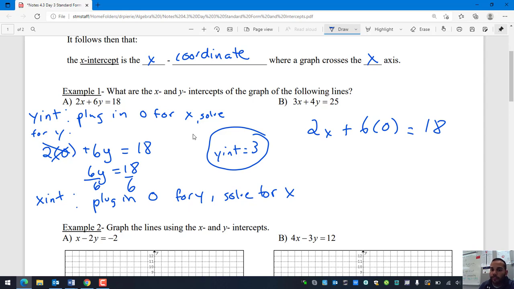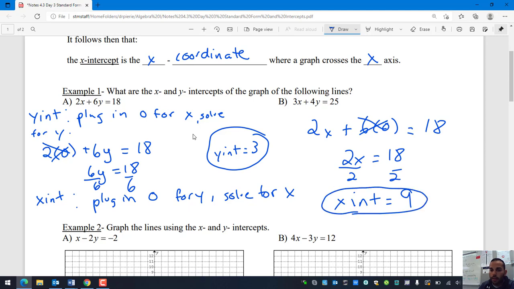Just like with the first one, whenever you multiply a number by 0, it just goes away. 6 times 0 is 0. It basically cancels itself out. And all I'm left with is 2x is equal to 18. If I want to solve for x here, divide both sides by 2, and ultimately get my x-intercept is equal to positive 9. This line is going to cross the y-axis at 3 and the x-axis at positive 9.